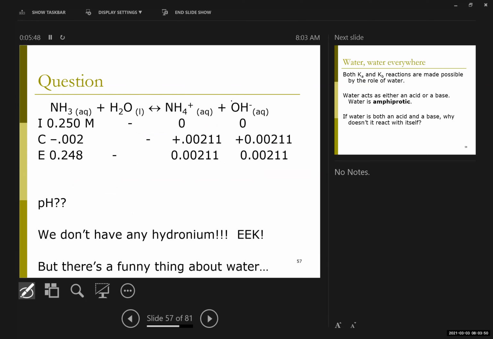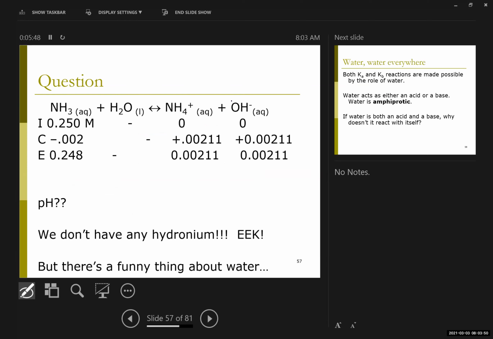So forget my ammonia and water. If I just have a glass of water, I have acid-base chemistry going on. It's this. Because even though I only have water, I actually have an acid and a base. It just happens that they're both water.